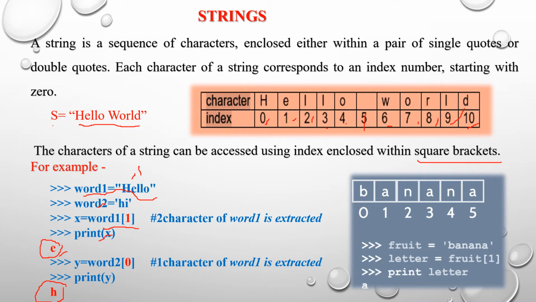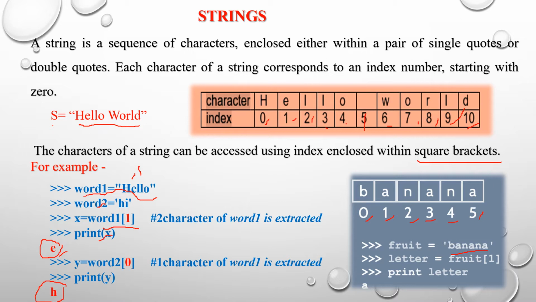So let's consider one more example. Here fruit is banana. The first character index is 0, the second character index is 1, the third is 2, the fourth is 3, the fifth is 4, and the last one is 5. So fruit is equal to 'banana'. We enclose banana with single quotes, and the type of this is string.